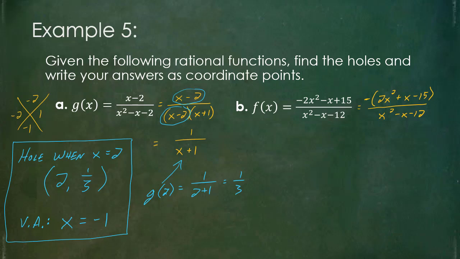So the first one I would have to do the ACB table. If I wanted to do some side work, I'll just do it right above it. 2 times negative 15 would be negative 30, so I'd want to do a diamond factor with negative 30, and I want it to add to the positive 1 in the middle, which seems like it should be a positive 6 and a negative 5.